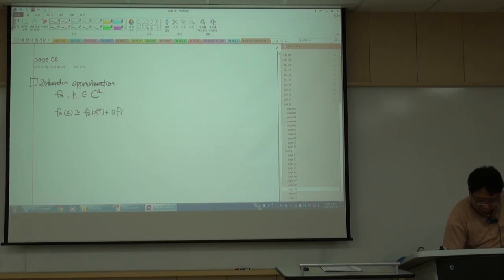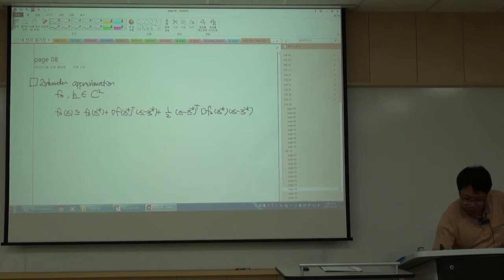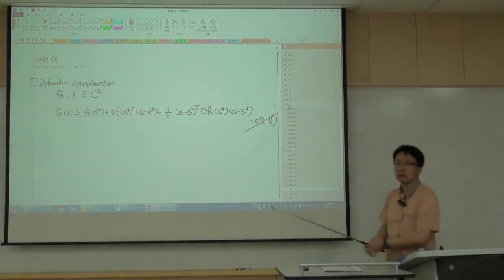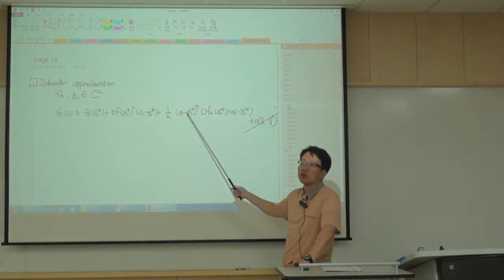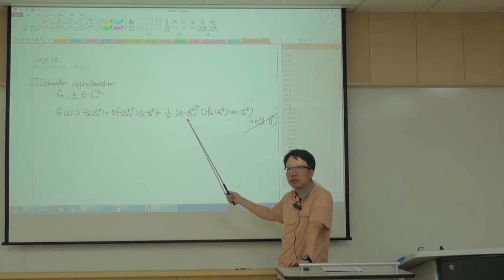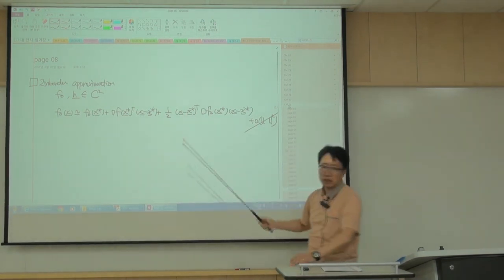You have the same first order term, and you have the quadratic form. Because here originally you have something like that. Got it? So here x minus x star is just replaced by y.